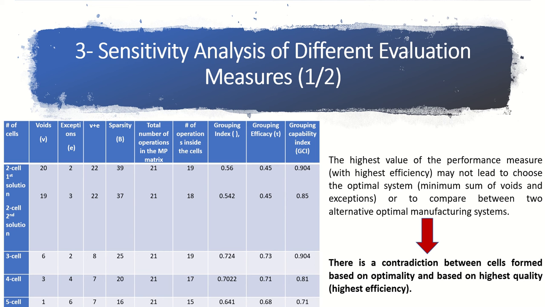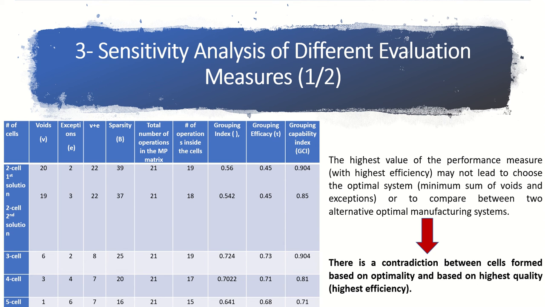From table 1, we can notice that the two-cell solution with the same sum of voids and exceptions has the same efficacy, which is 0.445, regardless of decreasing the sparsity and number of operations inside the cells. In the two-cell formations, grouping index and grouping capability index are decreased as the number of voids decrease.